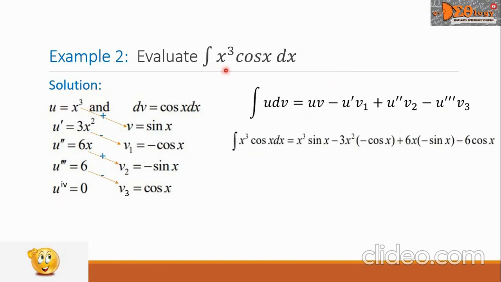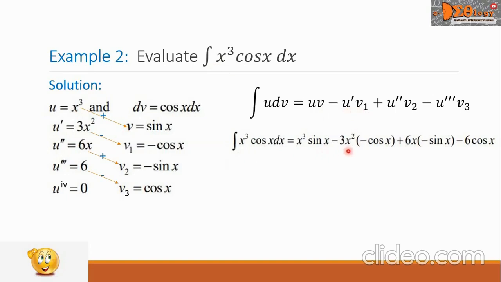Again, our problem is the integral of x cubed cosine x dx equals, the uv is here, so we write here x cubed times sine x minus u prime times v sub 1.